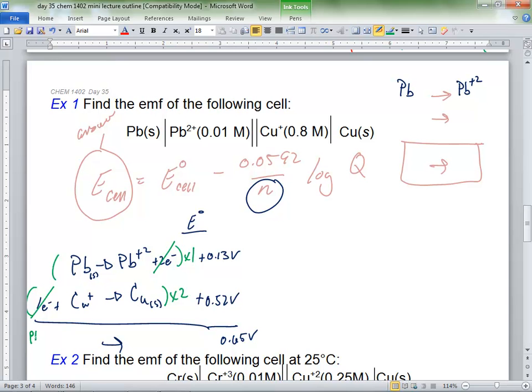I'm sorry, we've only got 0.15 for the copper. Yeah, 0.15. Make sure it's Cu plus going to Cu solid. I've got so many tables.